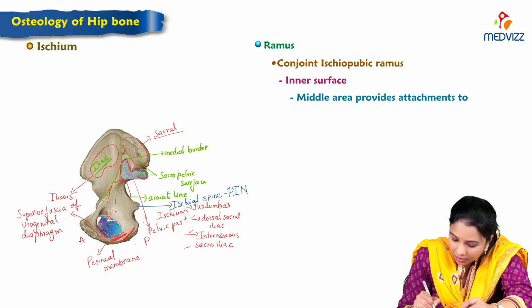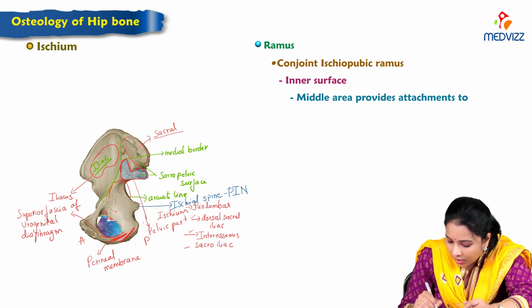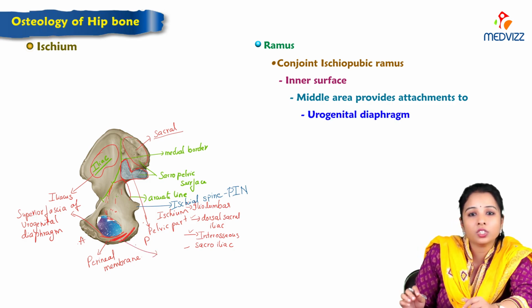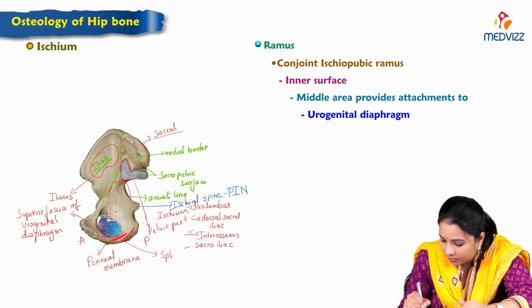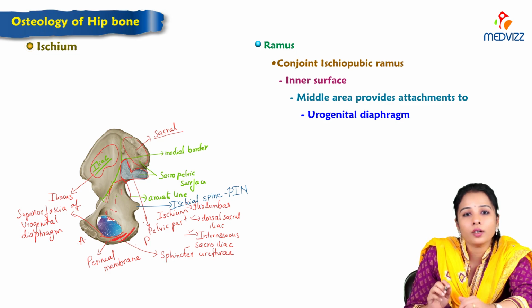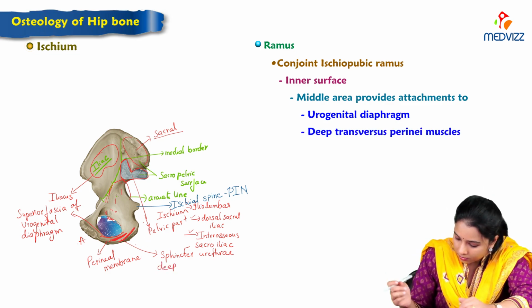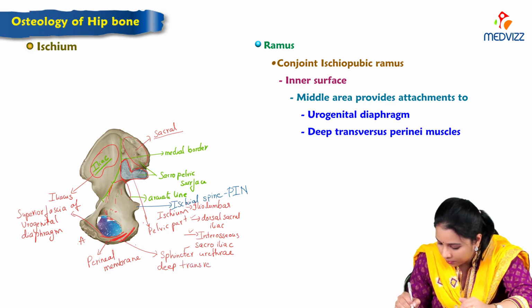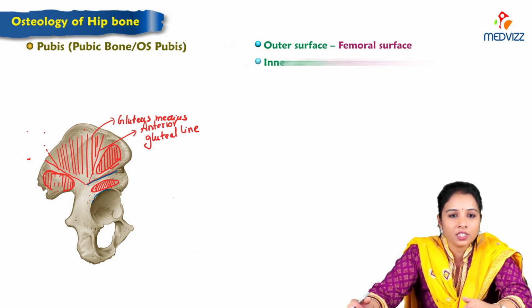So the middle part of the inner surface of the ischiopubic ramus gives attachment to urogenital diaphragm muscles, which are called sphincter urethrae, and also deep transverse perineal muscle. So the pubis also has an outer surface and inner surface.